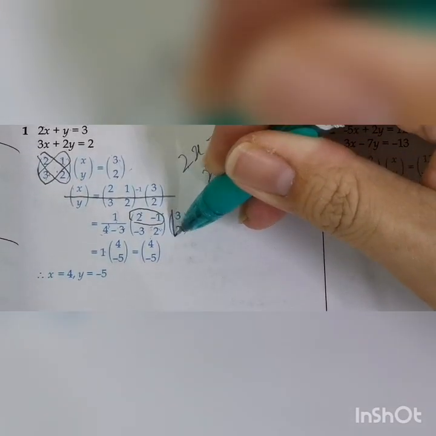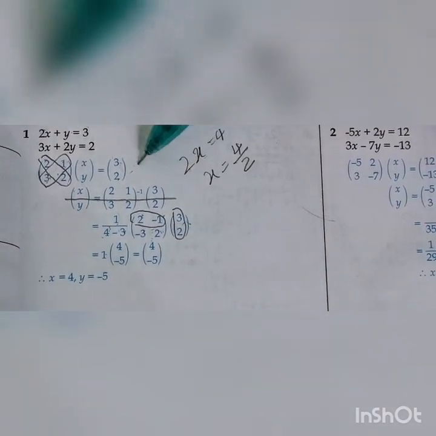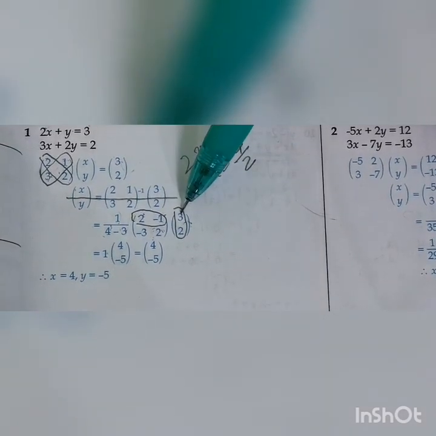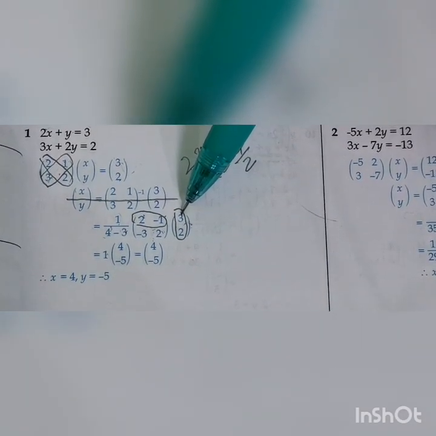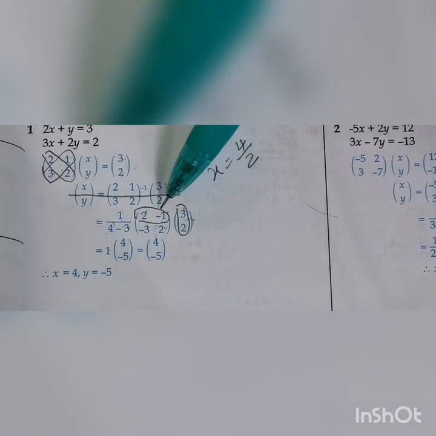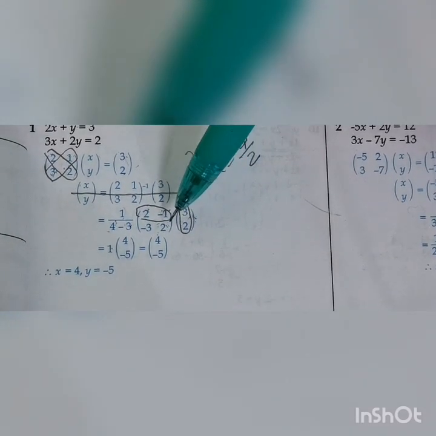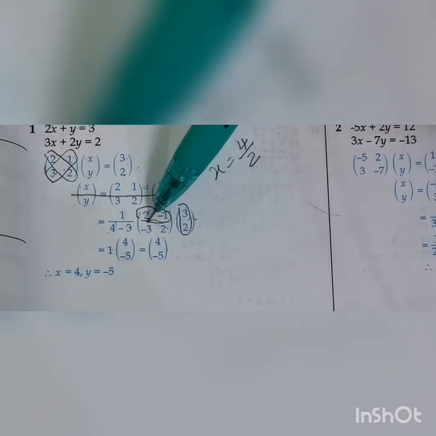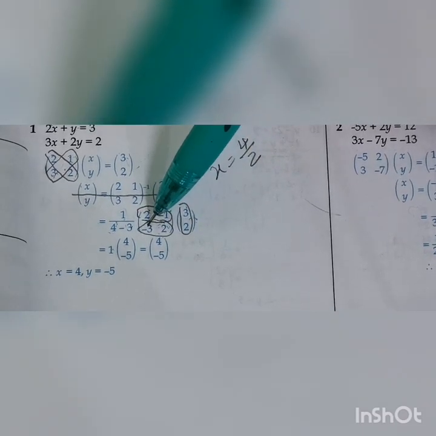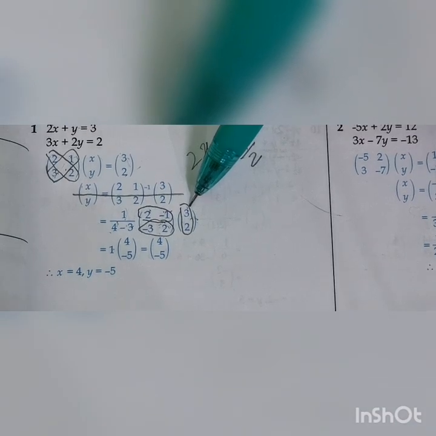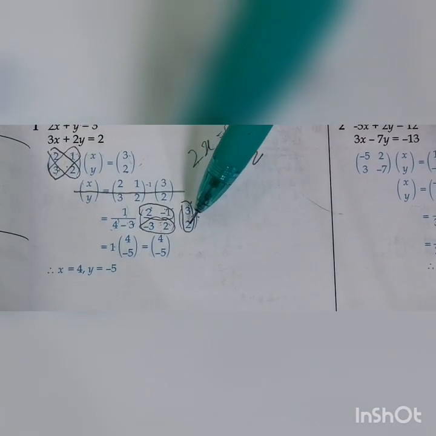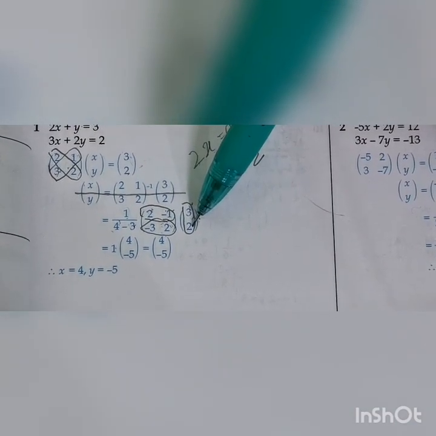So remember how to solve this one? Row times column. So this one will be 2 times 3, 6, and then plus this one times this one. So the answer will come out 4. And then this one, negative 3 times negative 3, negative 9, plus 2 times 2 is 4.